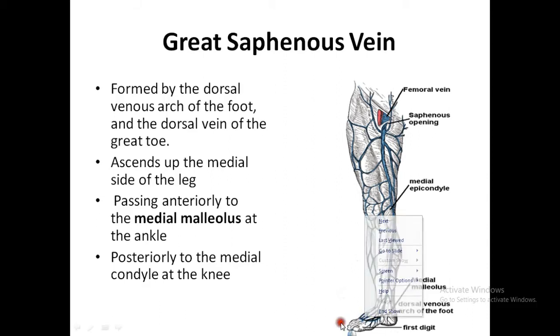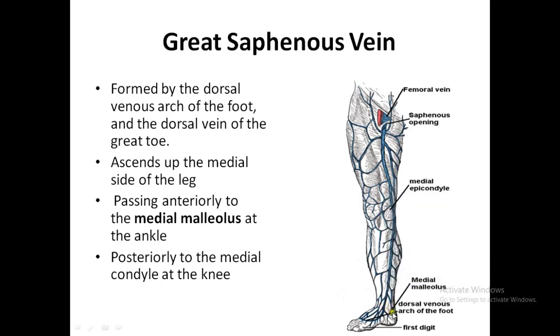Then, as it forms, it ascends medially on the medial side of the leg. The thing you have to remember is that the great saphenous vein ascends medially. Please do remember it. It passes anterior to the medial malleolus.